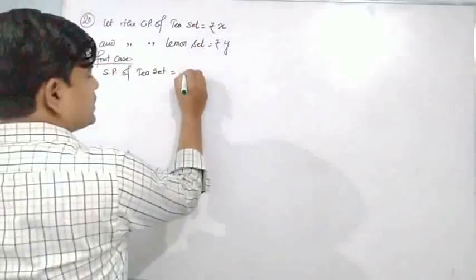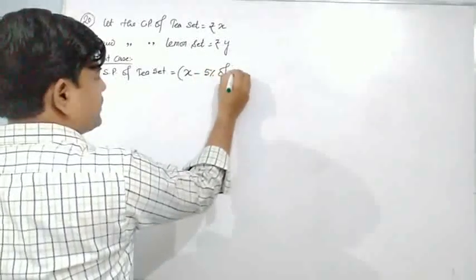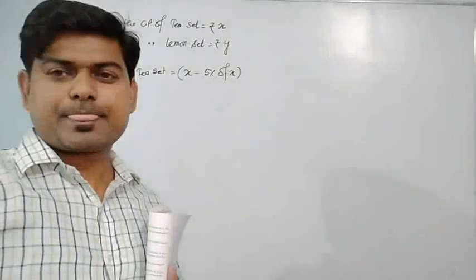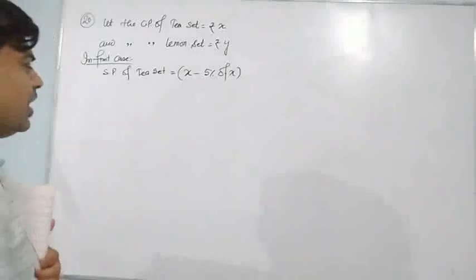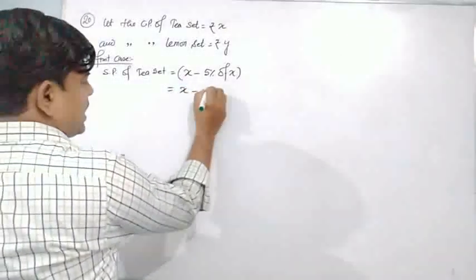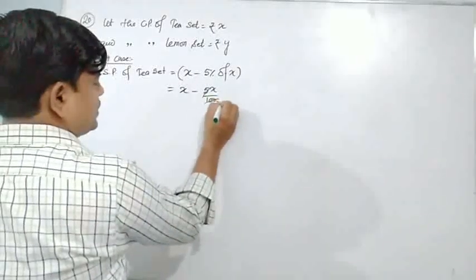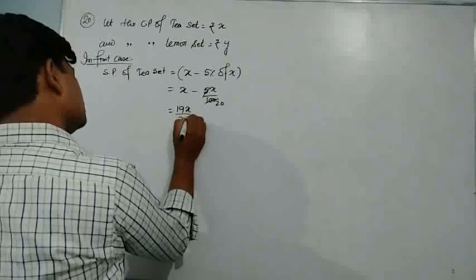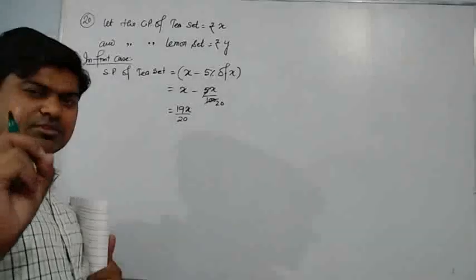So it is X, the CP, minus 5% of X. I think you must have got what I want to tell you. Now it can be written as X minus 5X upon 100, it is 20. So it is 19X upon 20. This is the SP of tea set.